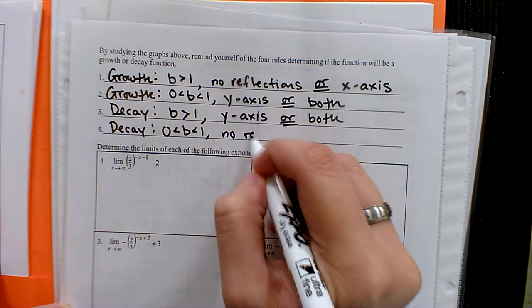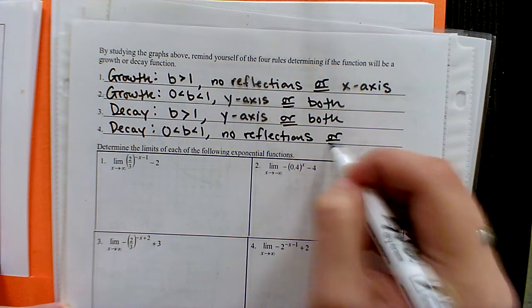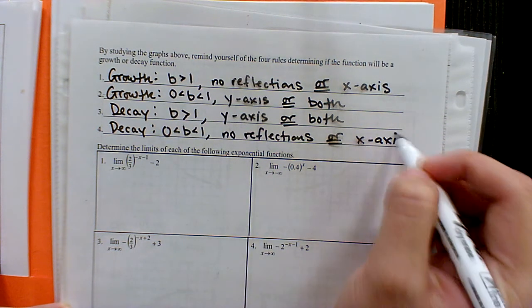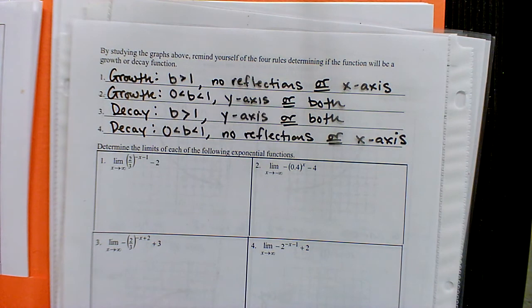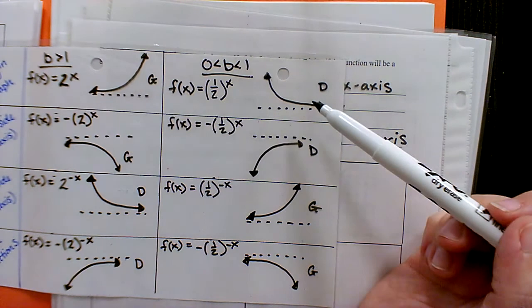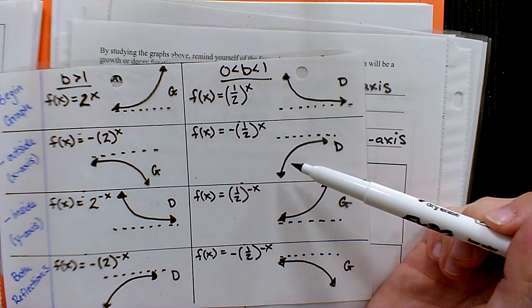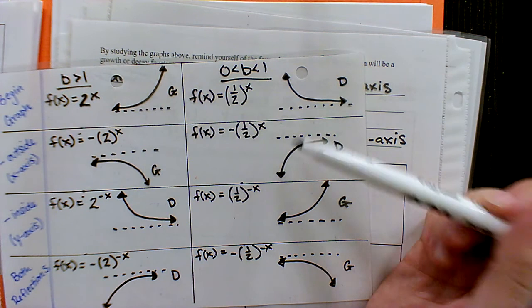So we either have no reflections, no negatives, or an x-axis reflection.